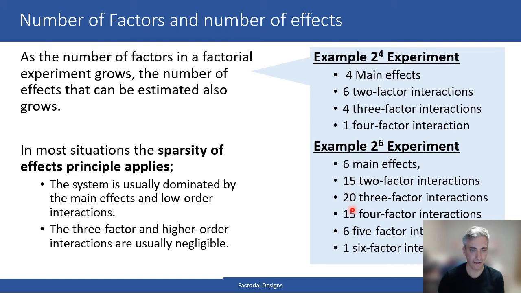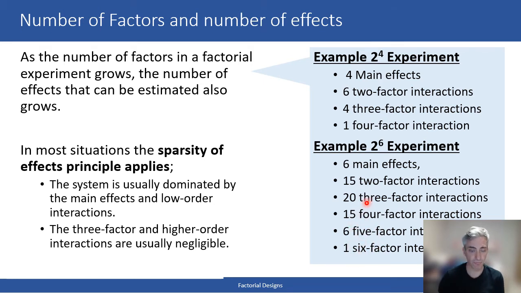However, there's a principle called the sparsity of effects principle, which usually states that the most dominant effects are the lower order effects. In other words, the main effects, the effects which are directly related to the factor, and 2-factor interactions. These higher order interactions are extremely rare and usually can be ignored.